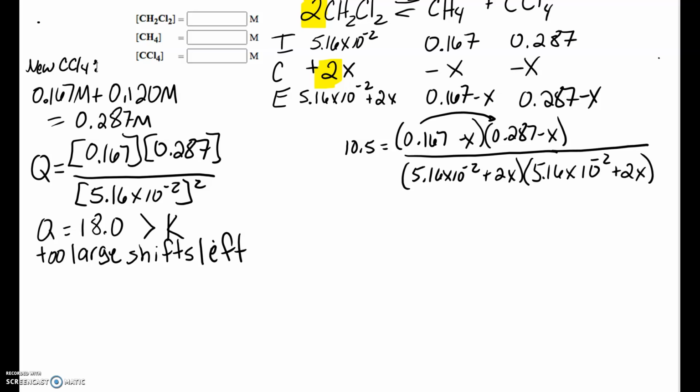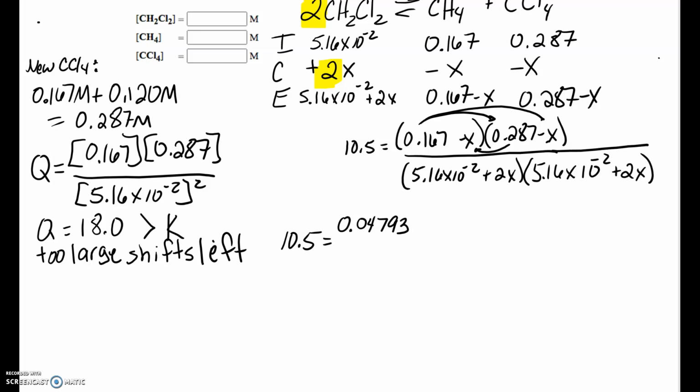So we're going to FOIL. We have to FOIL the top because we have two terms here and two over here. So we do firsts, outers, inners, lasts, basically like the distributive property in both directions. The first in FOIL is the first number in both of those: 0.167 times 0.287, which equals 0.04793.